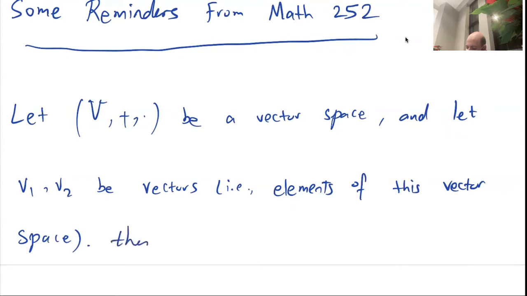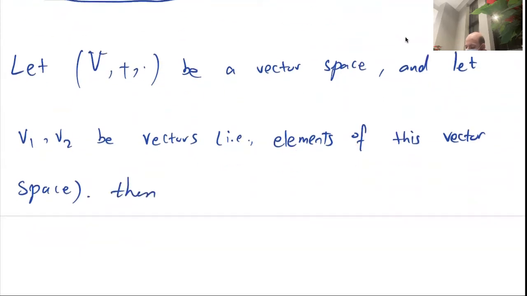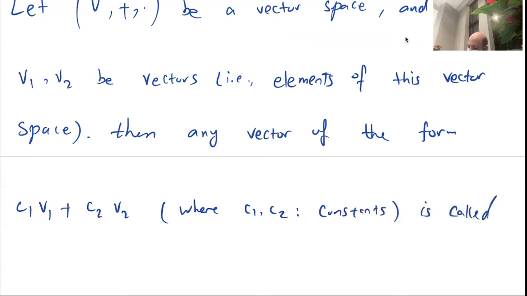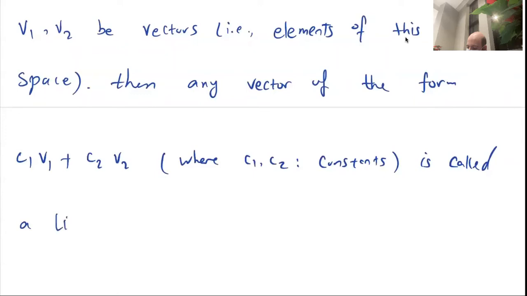Then we can say that any vector of the form C1 V1 plus C2 V2, where C1 and C2 are constants, is called a linear combination of V1 and V2.